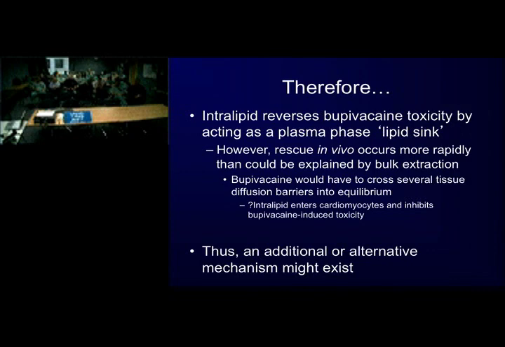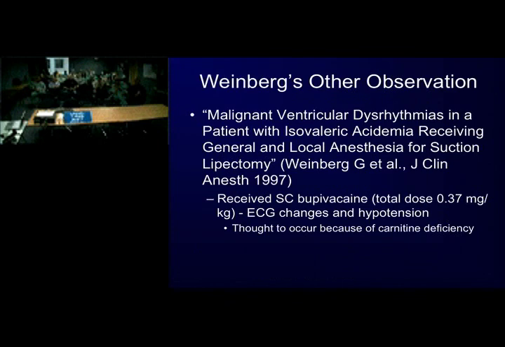And just to touch on this alternative mechanism, I want to talk to you about one of his other observations, and this was a case report that was published in 1997. Basically, a patient who had isovaleric acidemia, and I had to look that up. It's basically someone with an inborn error of metabolism of proteins, specifically leucine, and they get this accumulation of isovaleric acid.